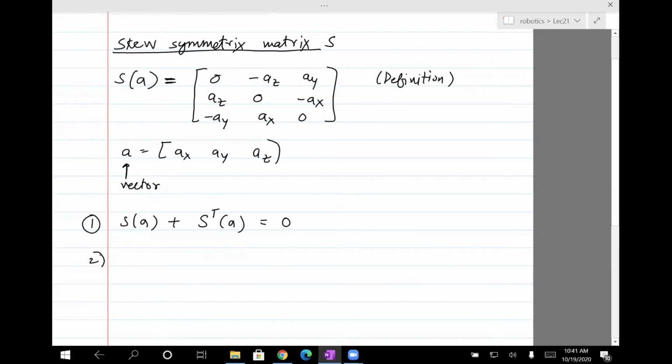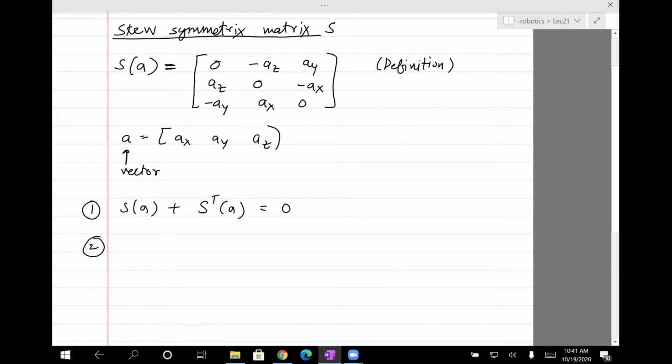The second property is, if you have a cross product A cross B, okay, where A is a vector and B is a vector, then it turns out that you can write this as S of A times B. It's kind of a neat thing because on the left side you have a cross product. So this is vectors, right?